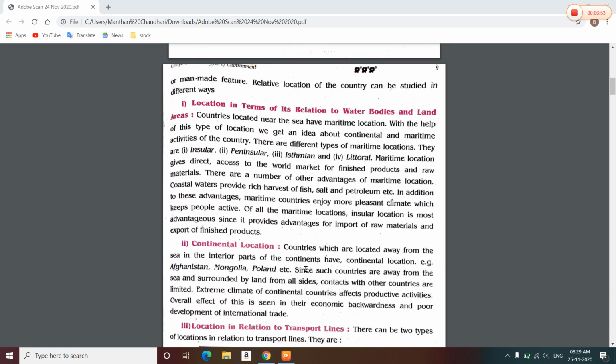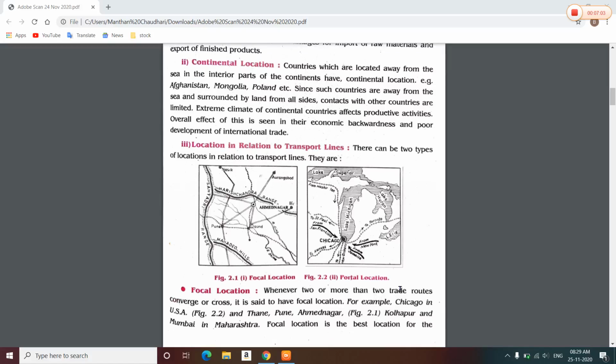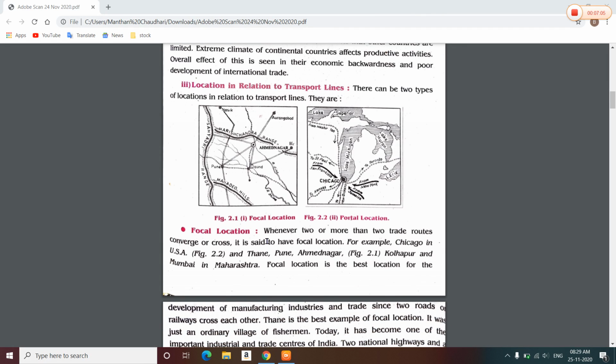Now, let us see next. Location in relation to transport lines. There can be two types of location in relation to transport lines. Number one, focal location.